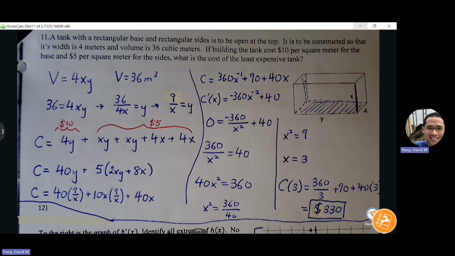So my base is 4y, and then my front facing vertical side is xy. There's also a back one that's xy, and then the vertical sides are 4x. The base has $10 associated with it, and the vertical sides $5.